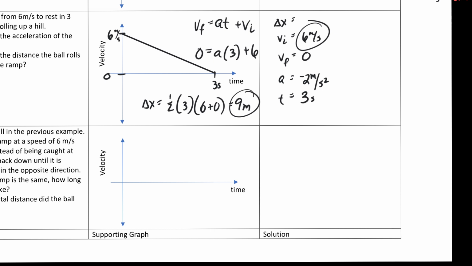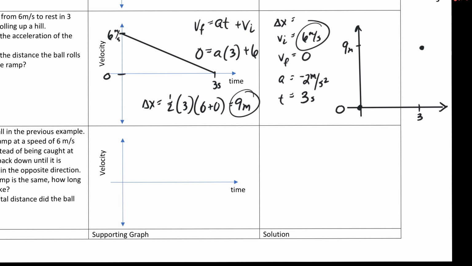Position versus time graph. The object traveled in the positive direction the whole time, but was slowing down. So I'm going to say 0, and I'll put 9 meters here. So it started here, and after 3 seconds is here.